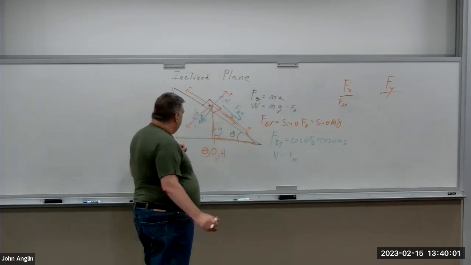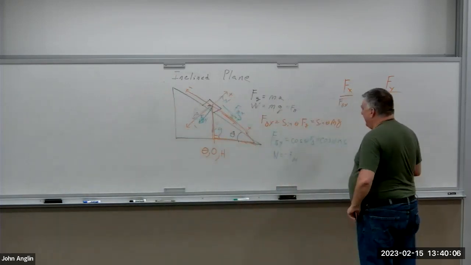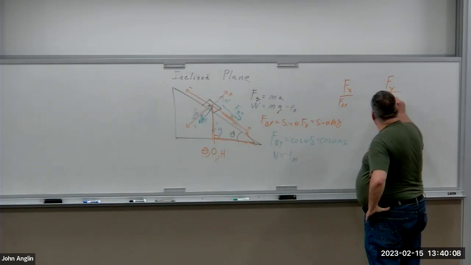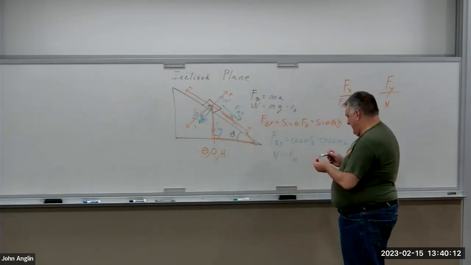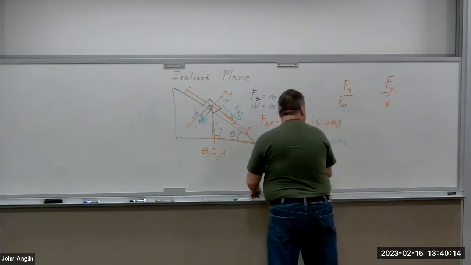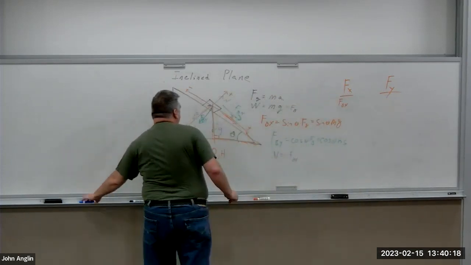In the Y direction, it's a little more complicated, but not much. In the Y direction, we have this normal force here. You know what? I'm going to try to stay consistent with my colors so that when you go back to read this, it's a little easier.